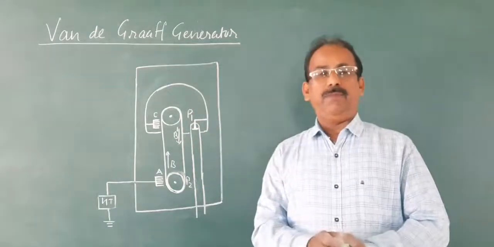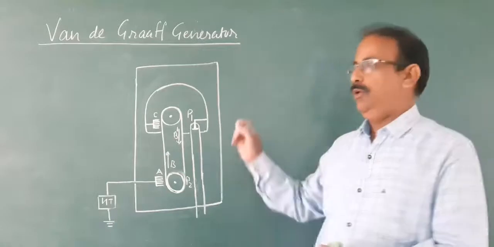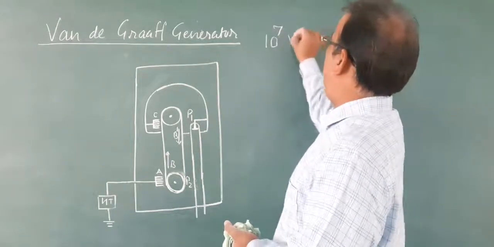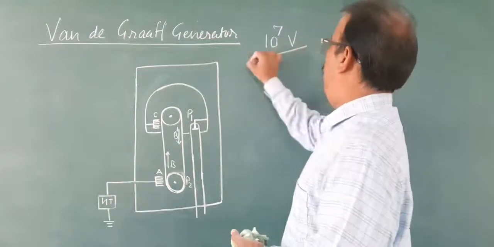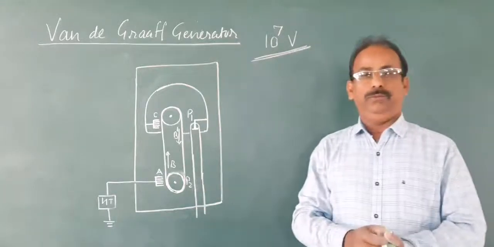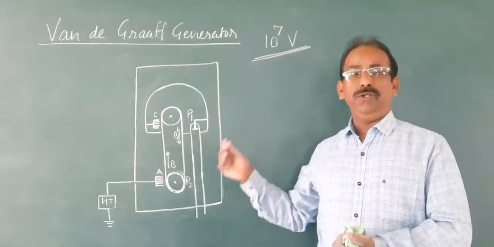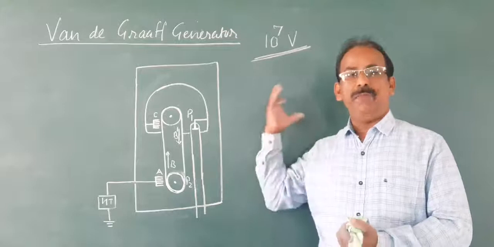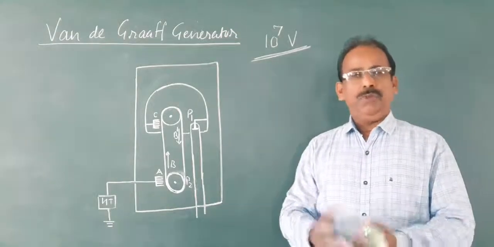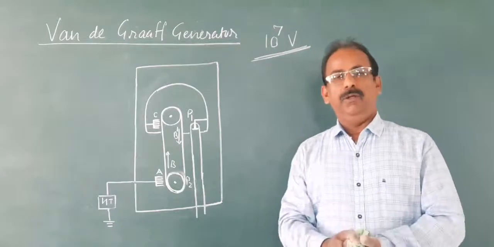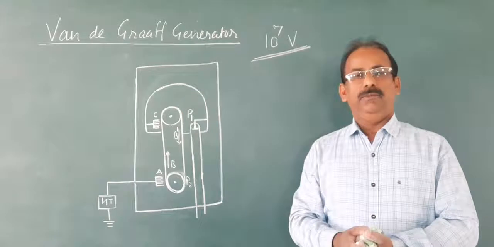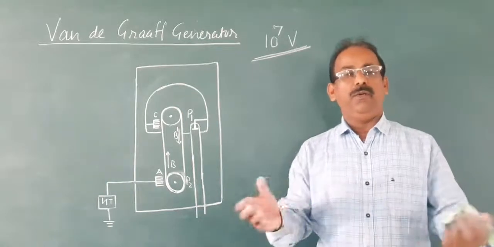This Van de Graaff generator is used to obtain a very high potential, in the range of 10 raised to power 7 volts, which is generally useful in nuclear reactors to do nuclear reactions.